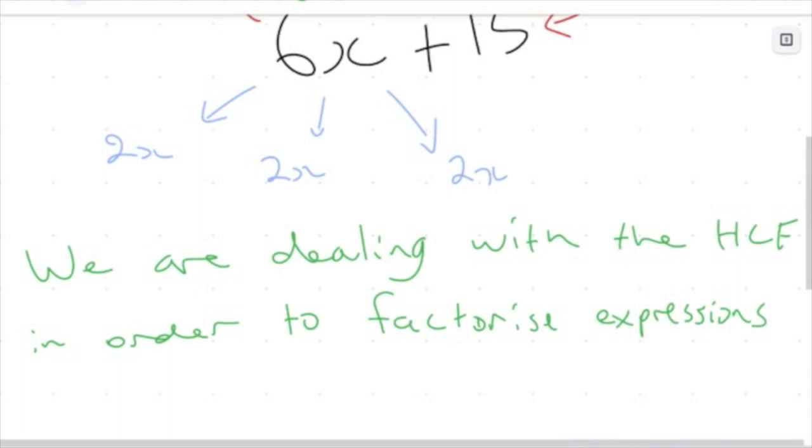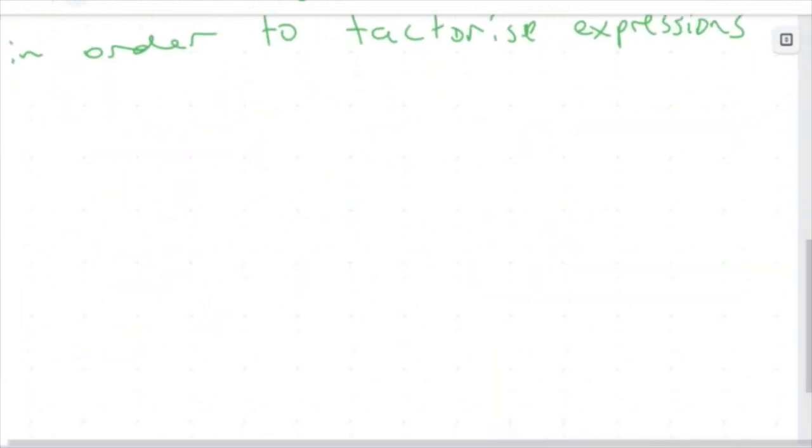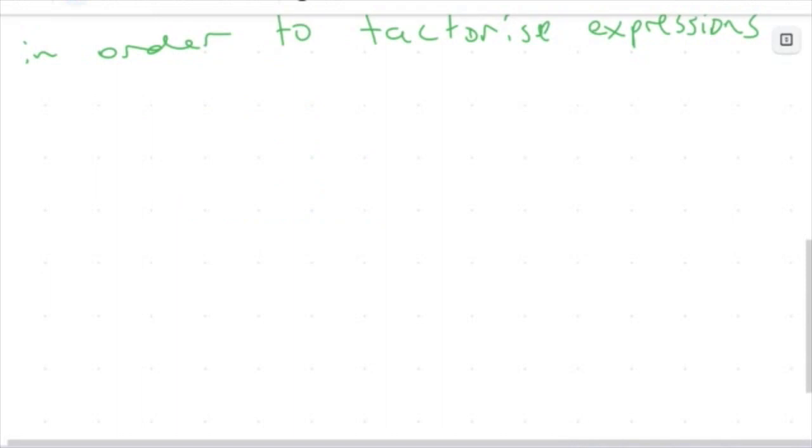We're factorizing algebraic expressions. Now, let's look at what we mean by that. Let's do one example here, and we'll do a few more that are trickier.